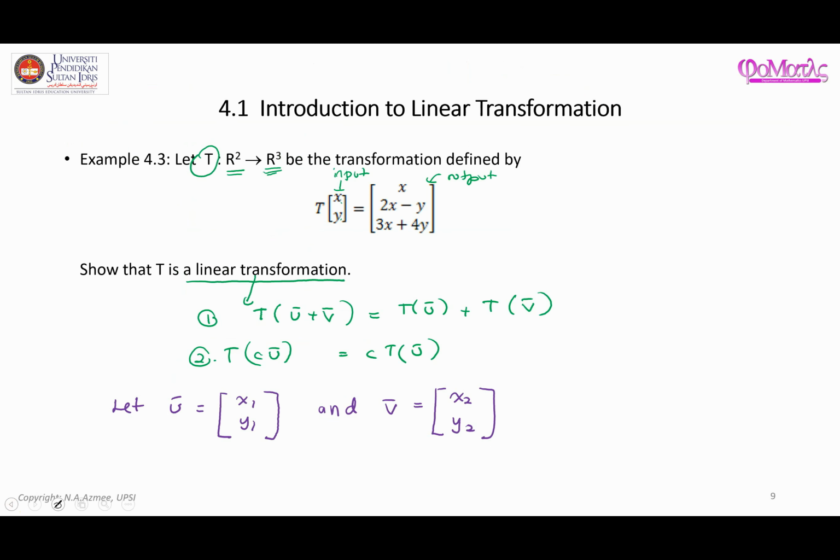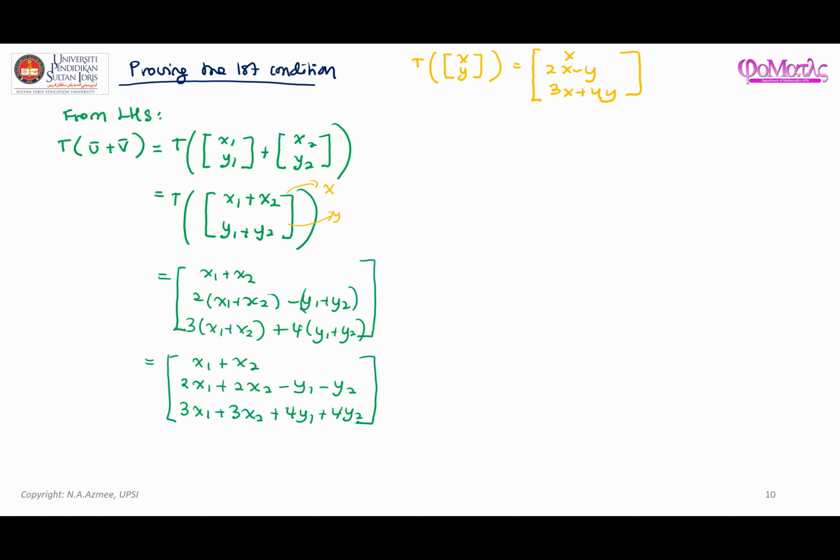In order to proceed to proving this first condition, you have to see that the first condition relies on being able to separate u and v. In other words, being able to separate x1 and x2, y1 and y2. So all the ones have to be on one side, all the twos on the other side.